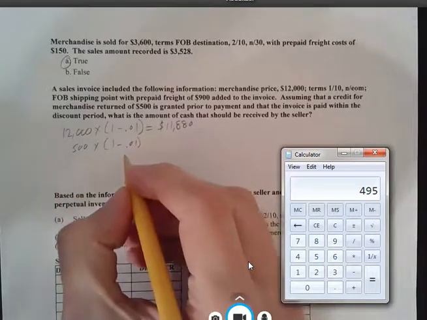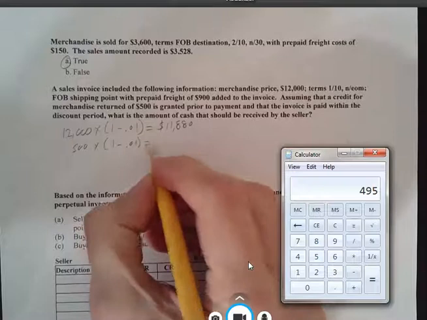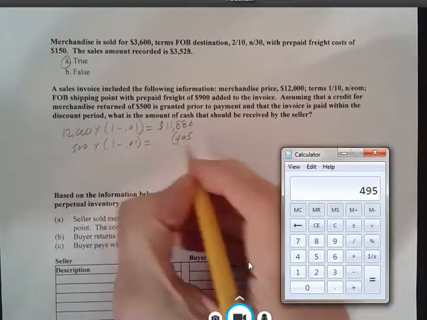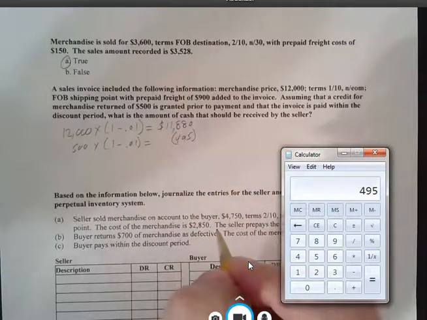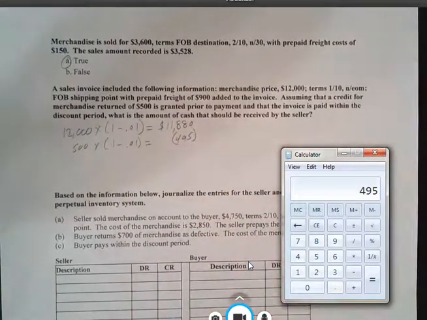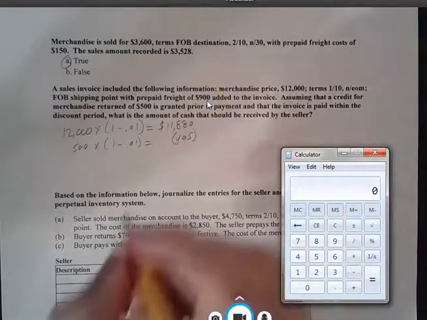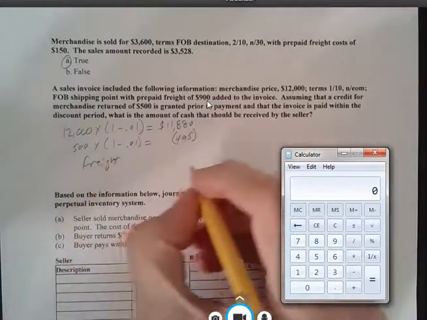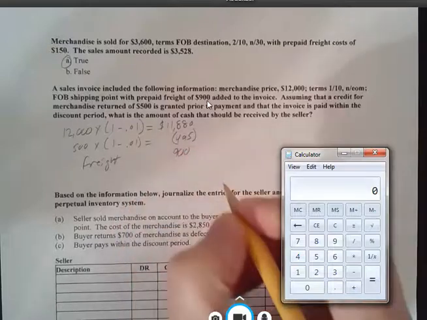This is 0.99, and that equals $495, but that's a subtraction. Seller's not going to get that because that merchandise was returned. And then finally, the seller is going to get this $900 in freight that they prepaid, $900.